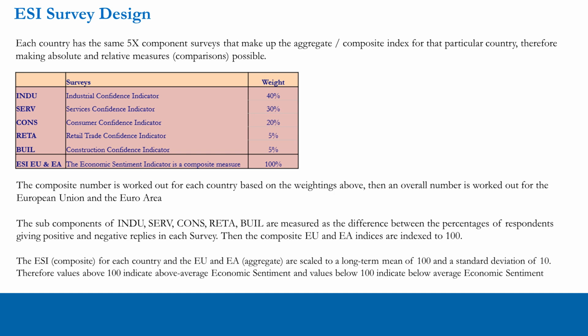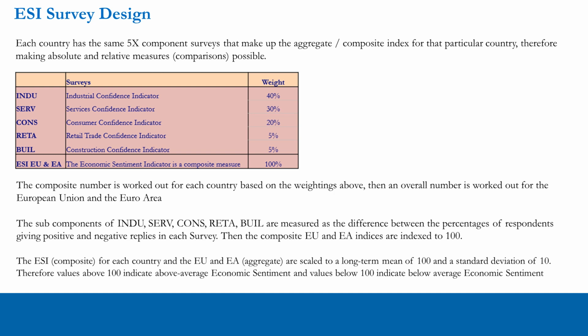And you can see the 5 component surveys that make up the composite number for each country in the table on the screen. So we have the highest weighting, which is the industrial confidence indicator, which is weighted as 40%. We have the services confidence indicator, which comes in at 30%.